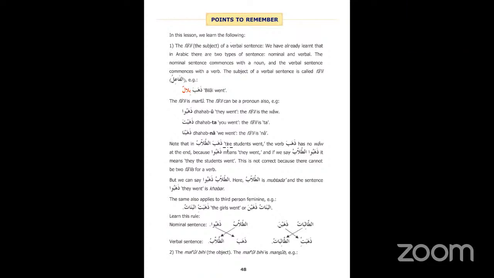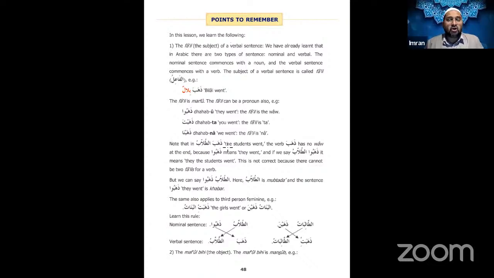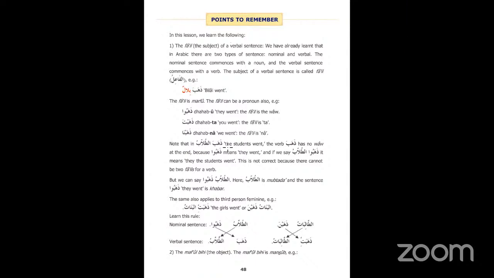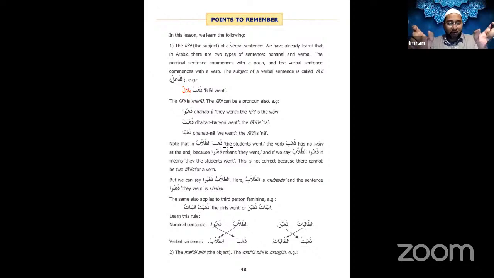So a khabar can be either one noun or a verbal sentence. Because of a verbal sentence coming as a khabar, the mubtada and the khabar always correspond in number. Now, because at-tullab is plural, the khabar has to come in the plural format. So it cannot be dhahaba, it has to be dhahabu. Ahsant, dhahabu. So that is the ruling.